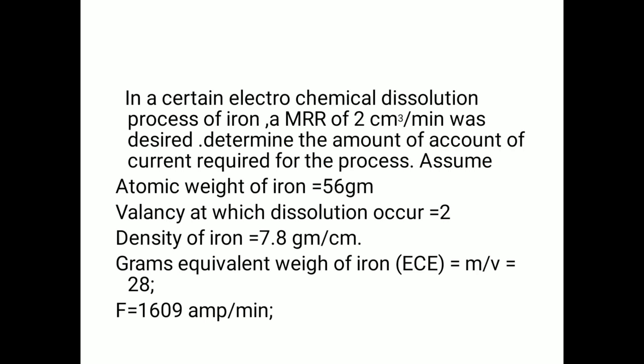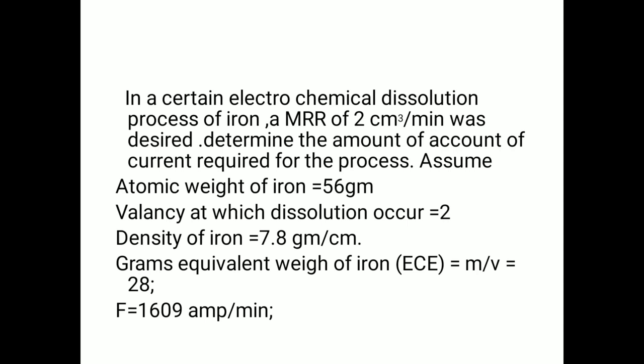So in order to remove the material, we have to give some current to the setup. So we have to find out how much current is required for that process to remove 2 cm³ of material, that is iron, per minute. And we have some other data.